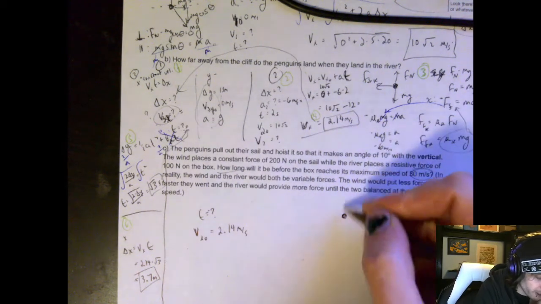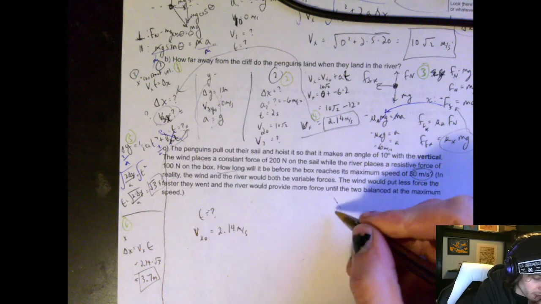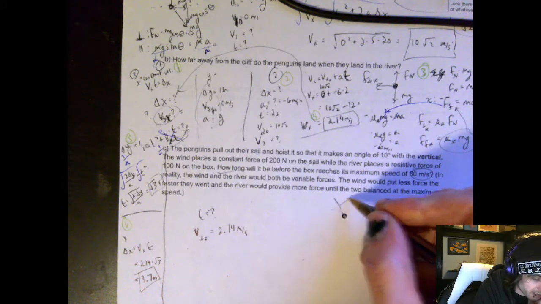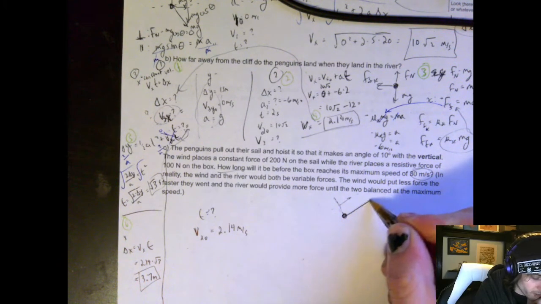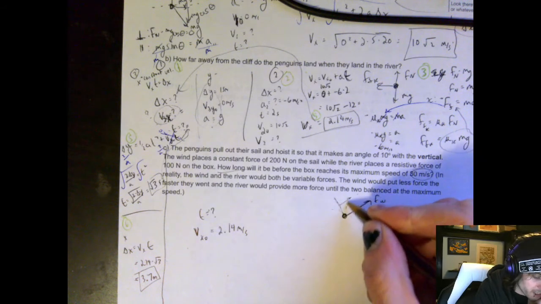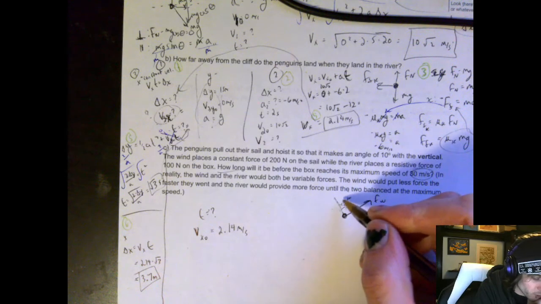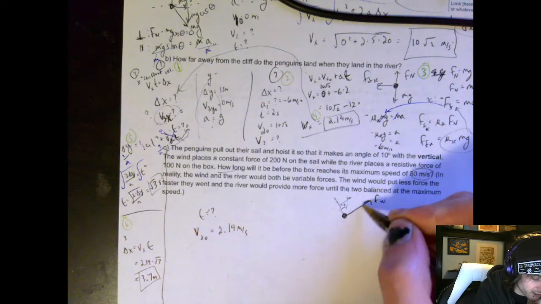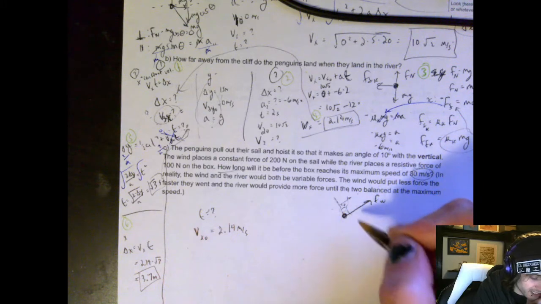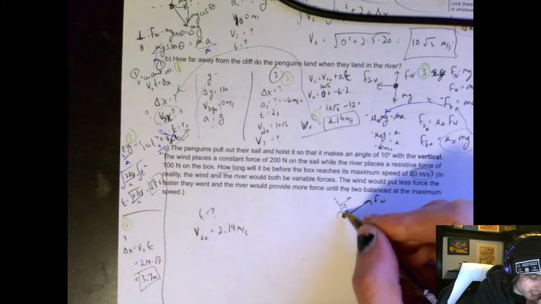For our free body diagram, our sails are going like this. The wind is going to be pushing the sail like that. So the force from our wind is going to look like this, which means that this angle is 10 degrees, which is perpendicular. This adds up to 90, so this is 10 because this is 90 minus the 10.